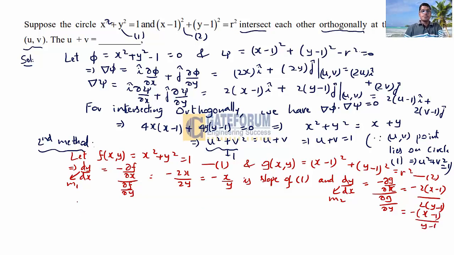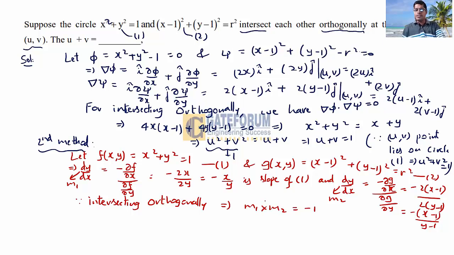So, since the curves intersect orthogonally, that means the product of the slopes is equal to minus 1, m1 into m2 is equal to minus 1. That is from applications of derivatives from 11th class standard. This implies minus into minus plus, x into x minus 1 divided by y into y minus 1, you will be getting minus 1.